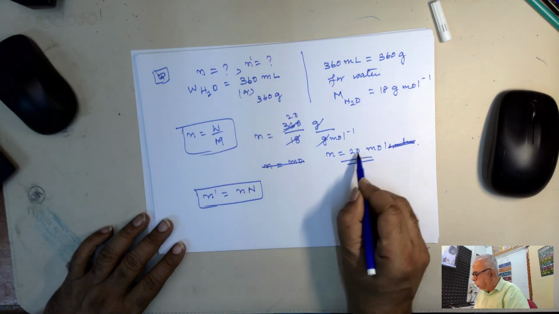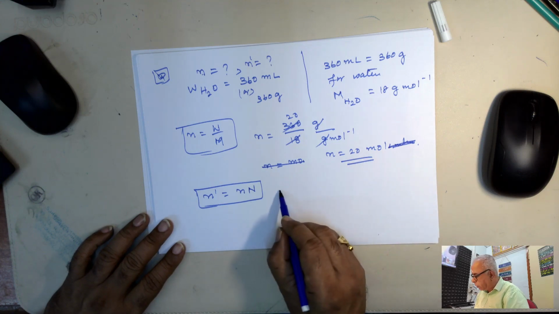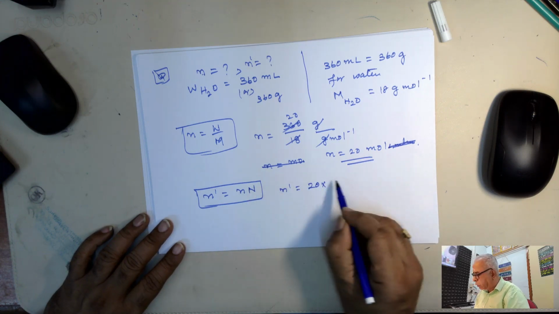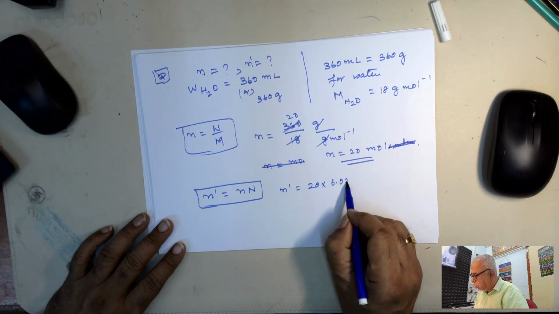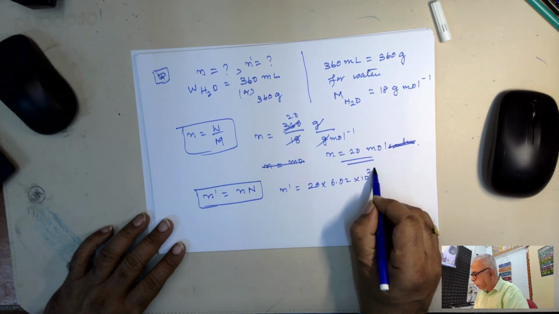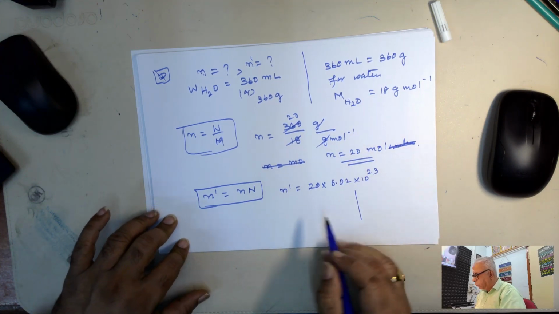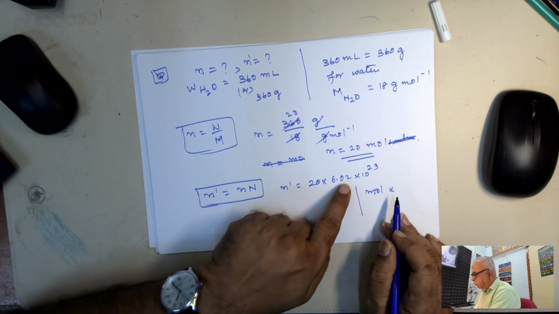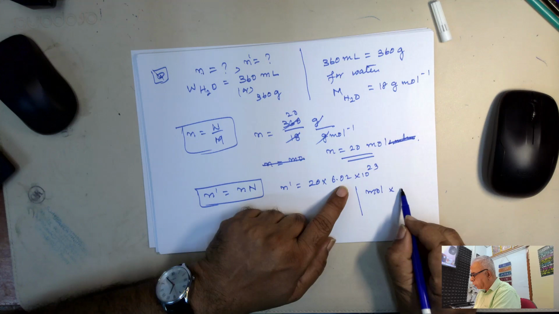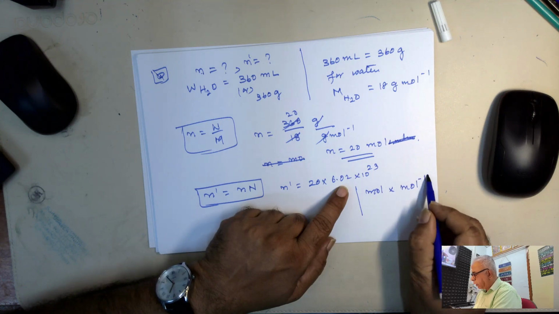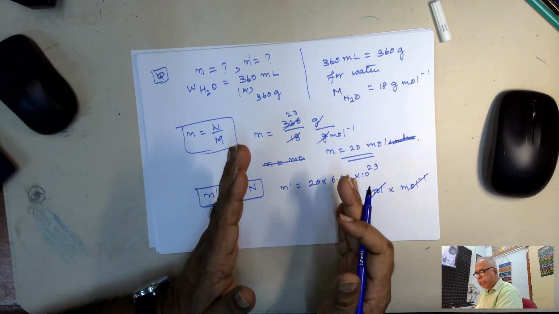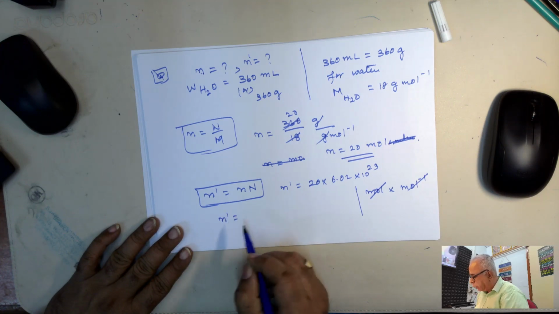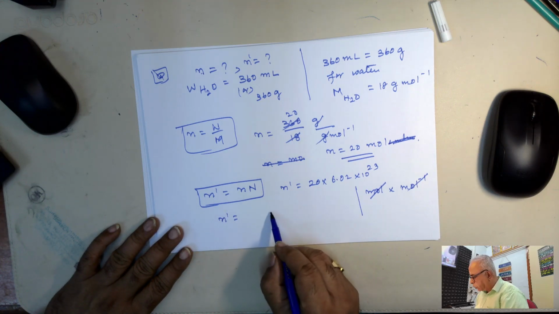Here you have already got n. So N dash is equal to 20 into Avogadro's number, 6.02 into 10 power 23. So this is 20 mole into per mole, so they get cancelled so that you are able to get the number. Got it?